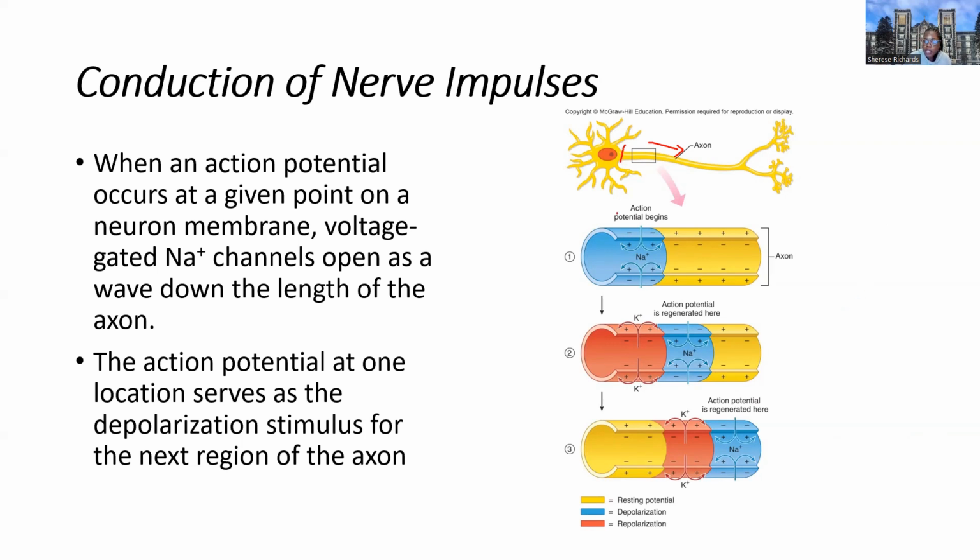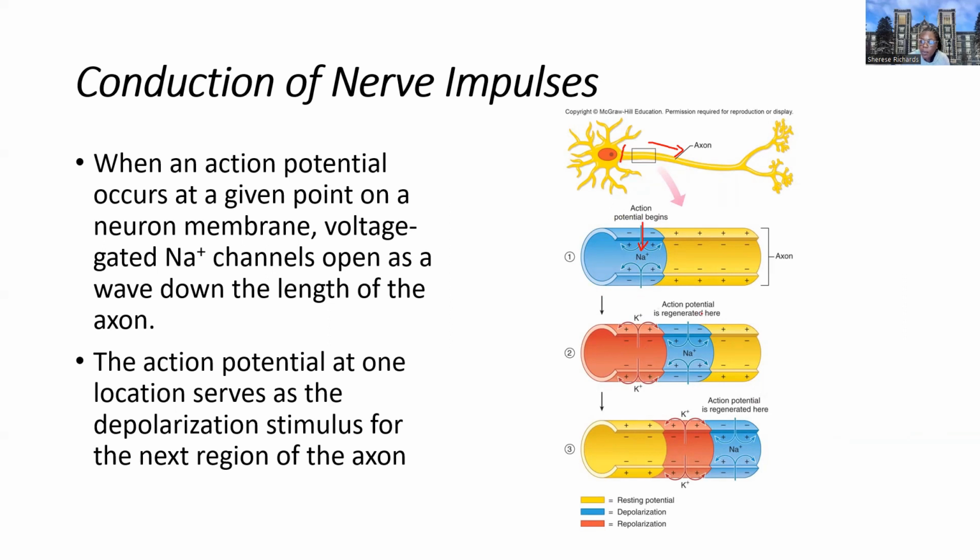So when the action potential gets to one site in the neuron, it's going to open up the sodium channels here. It's going to depolarize this initial segment, and that is being reflected by the positive ions here as sodium rushes in.